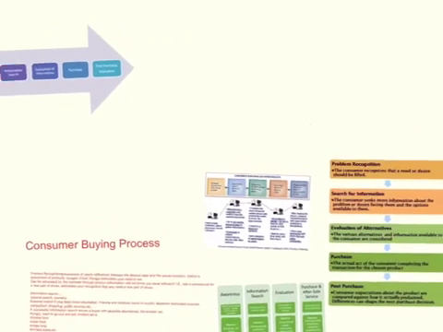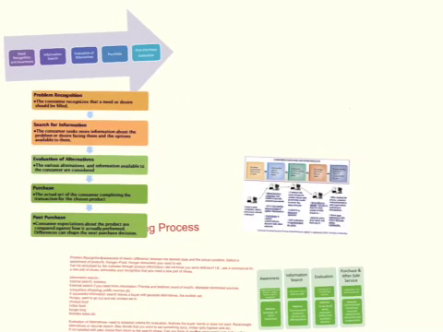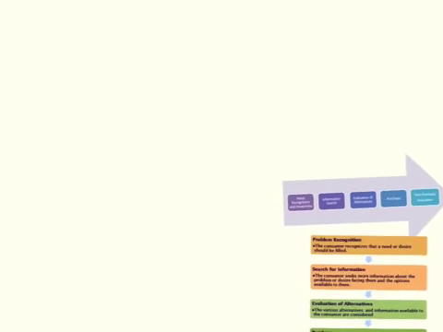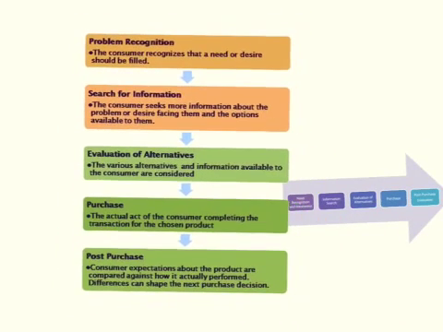Let's take a look at some examples to help you understand more how the consumer buying process works. Let me take a look at this one. Let me tell you roughly first, from problem recognition or need recognition and awareness, they said that the consumer recognizes a need or desire that should be filled.